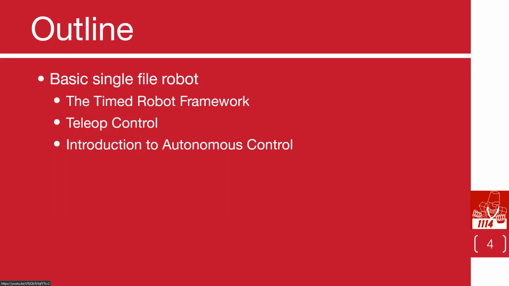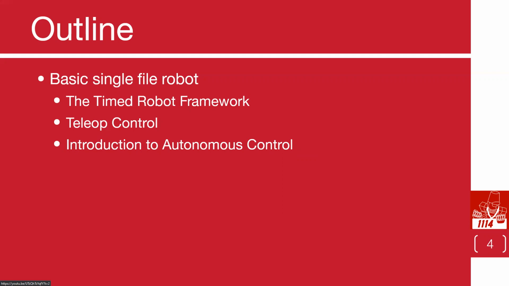You can do basic autonomous modes. If you're using sensors or motors like the NEO or the Falcon that have built-in encoders and built-in PID controllers, that can make things a lot easier as well, because then you don't have to write your own. So you can actually make a pretty impressive robot just doing something like this. So that's the one we're going to go over first.